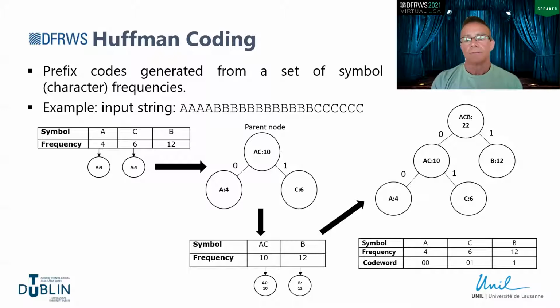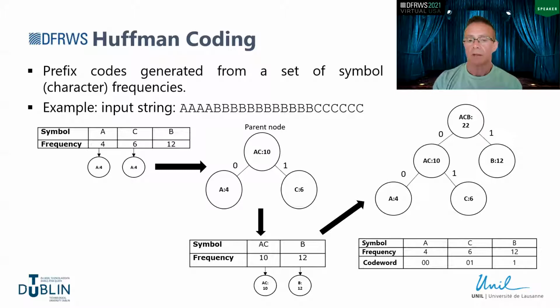The actual Huffman code word, which is essentially the representation for the symbol or the character, is obtained by following the edges from the root down to where the node is on the tree.